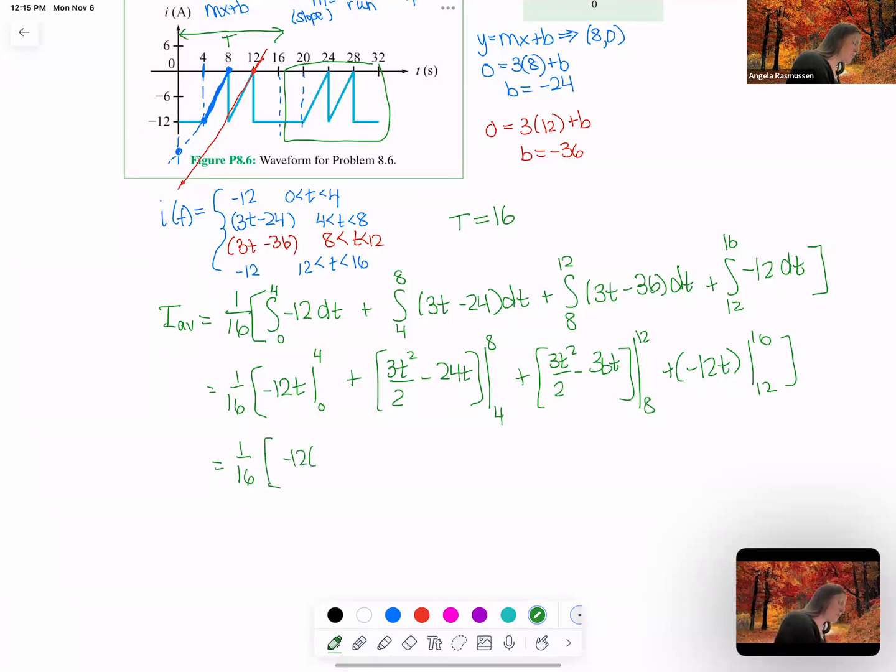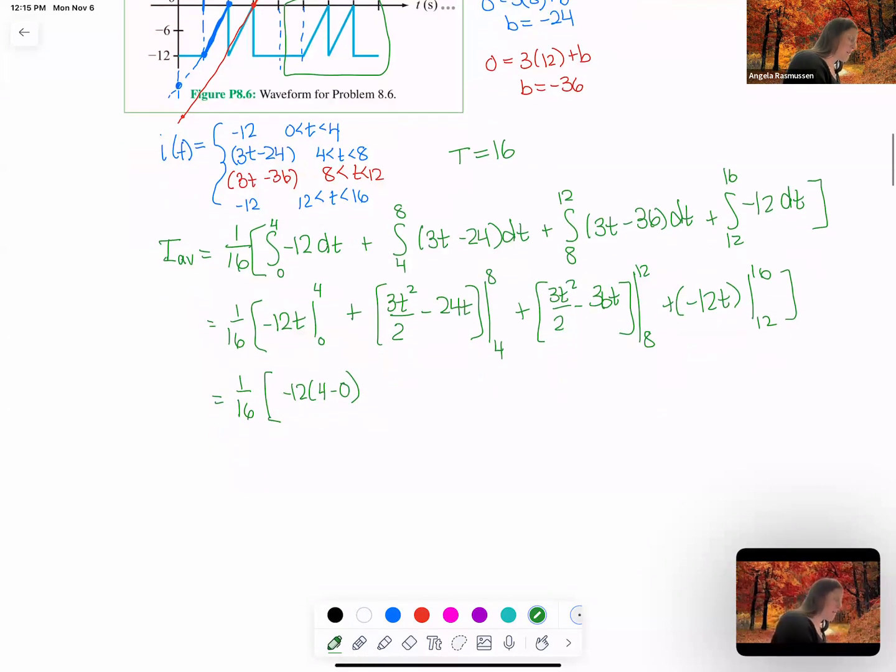So minus 12 times 4 minus 0. And then 3 halves 8 squared minus 24 times 8, and then a minus 3 halves 4 squared plus 24 times 4.